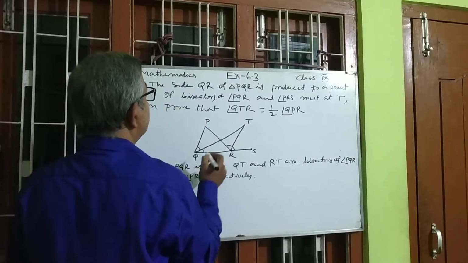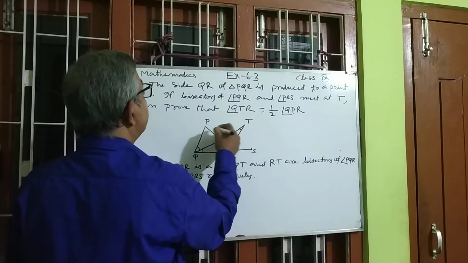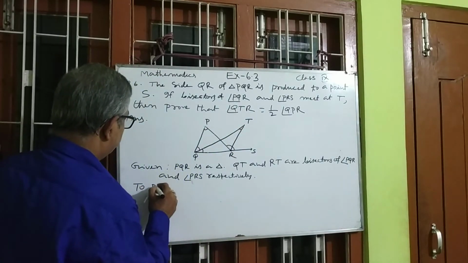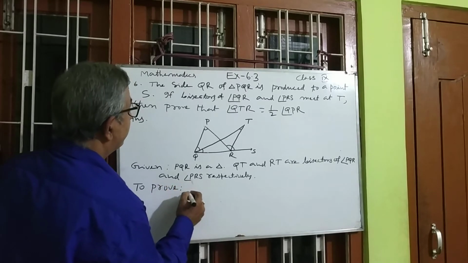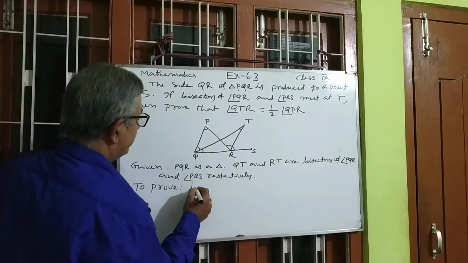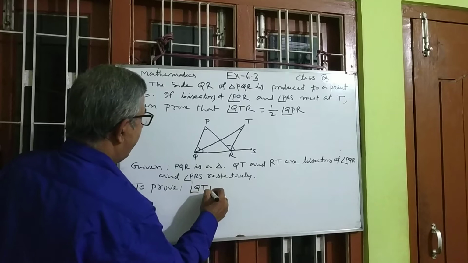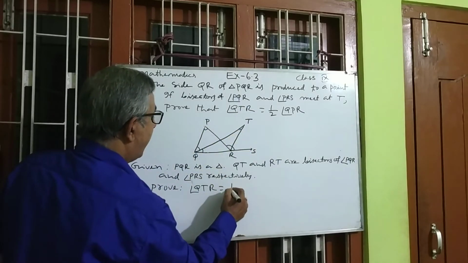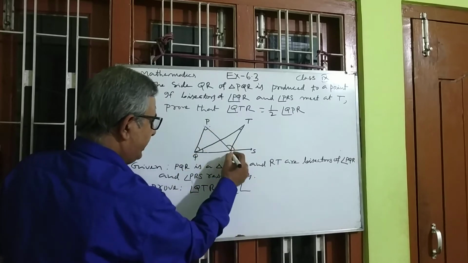To prove, what is to prove? This angle is half of this angle. To prove: angle QTR is half of angle QPR.